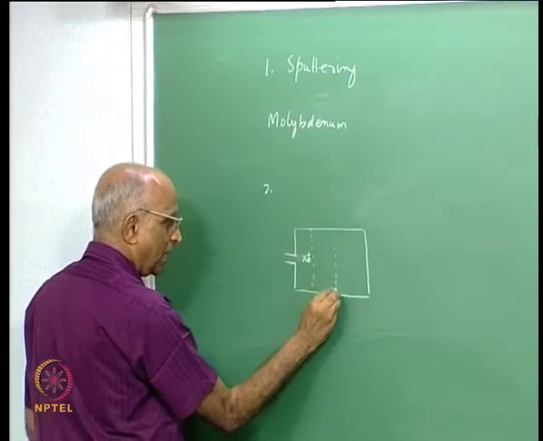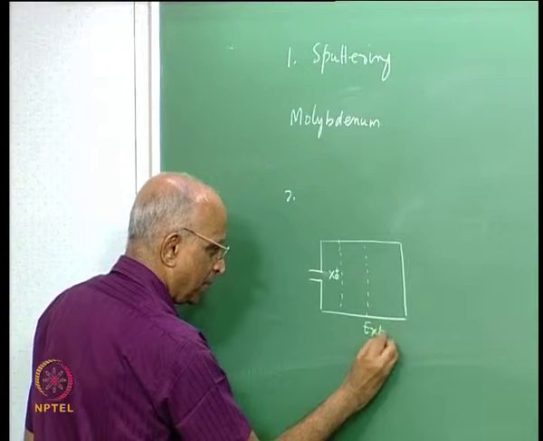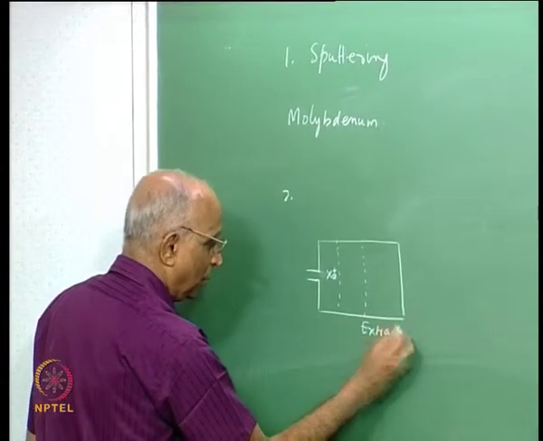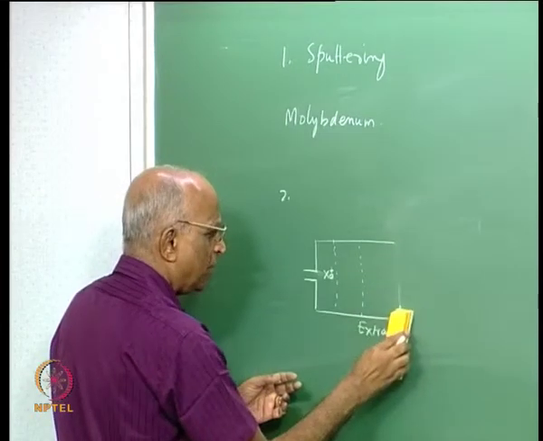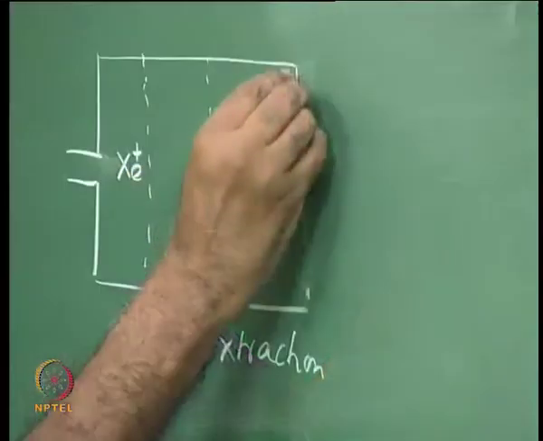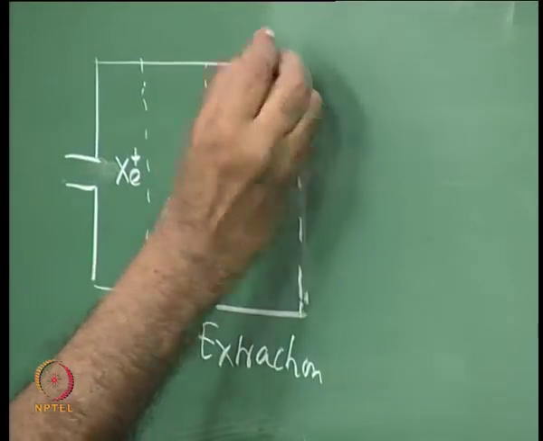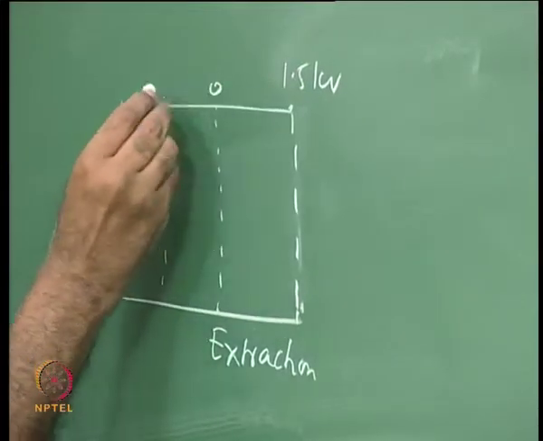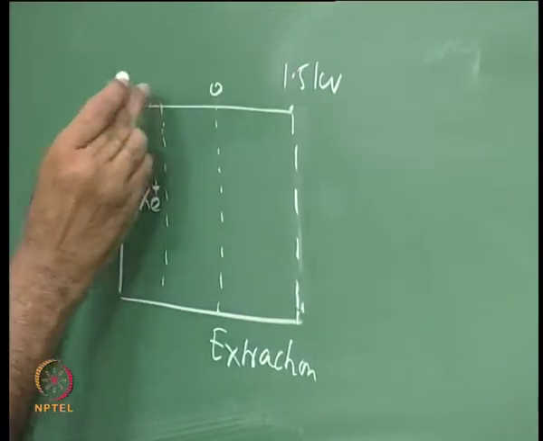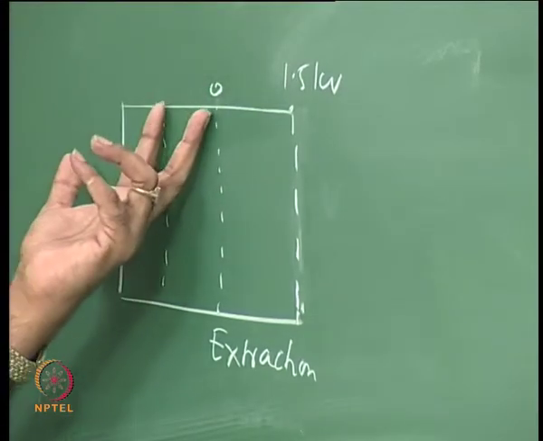I put an extraction grid over here to get that thing out, and at the end of it I put the acceleration grid, and we said maybe the voltage of this could be something like 1.5 kV with respect to 0 here, and this could be negative with respect to this by some, let's say, a few hundred volts.